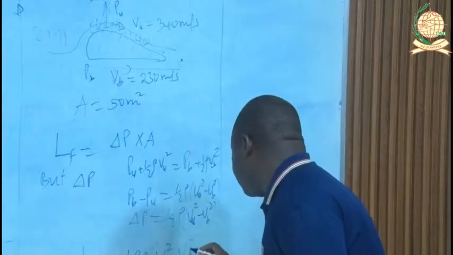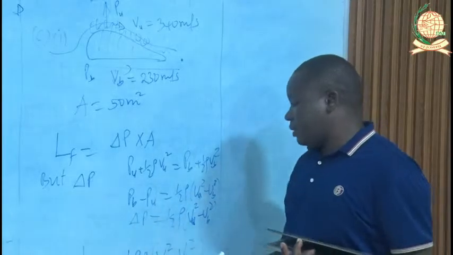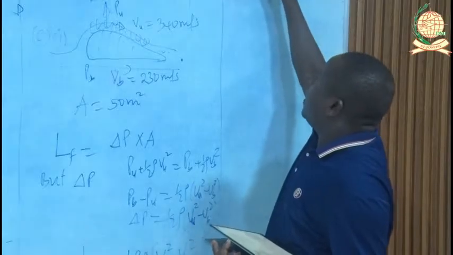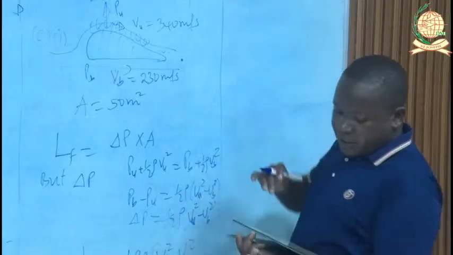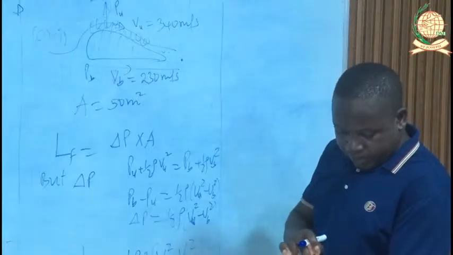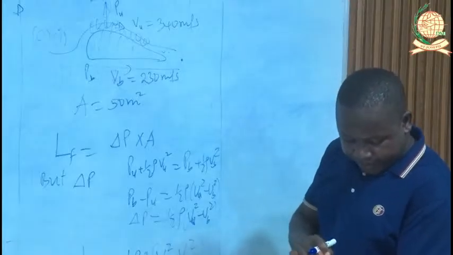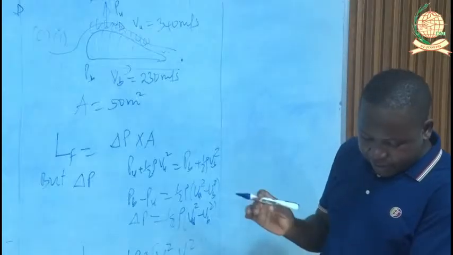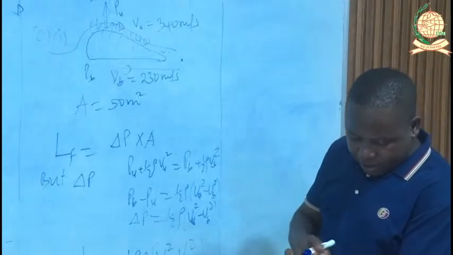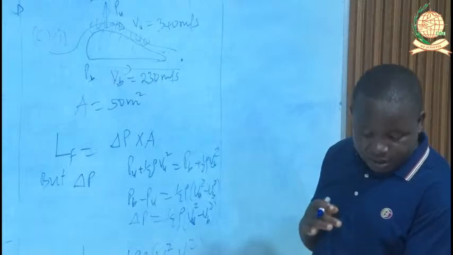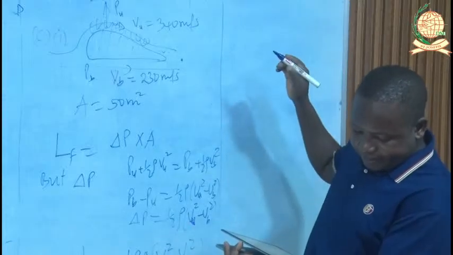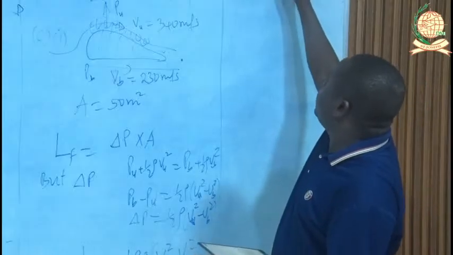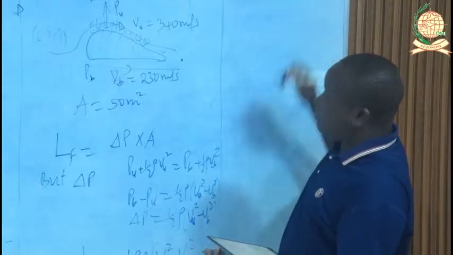If you substitute those values, a half, the density of air, because the fluid which is flowing over and below the wings is air, which is 1.29 kilogram per meter cubed.